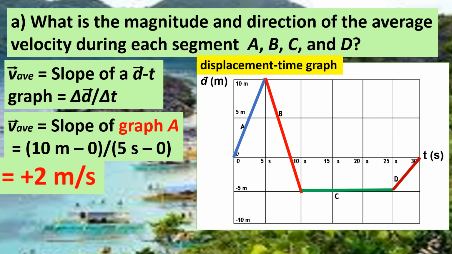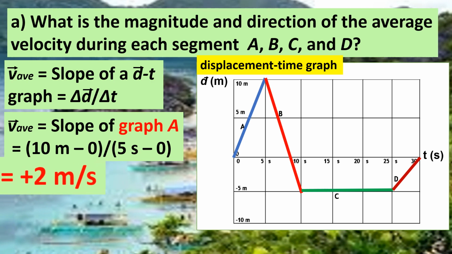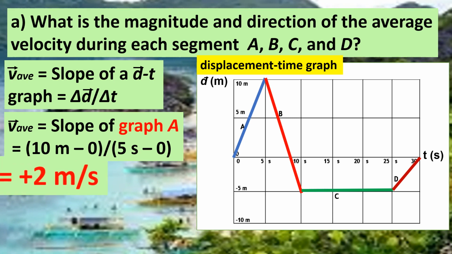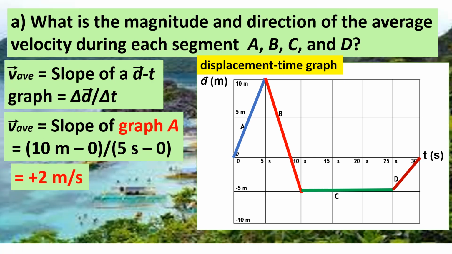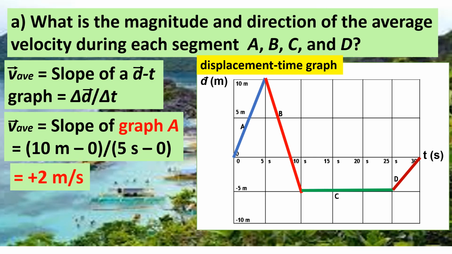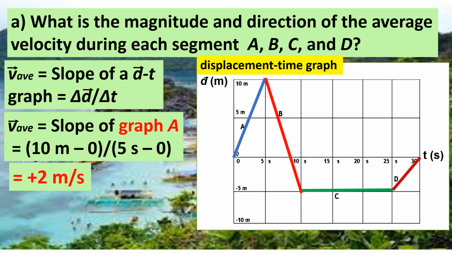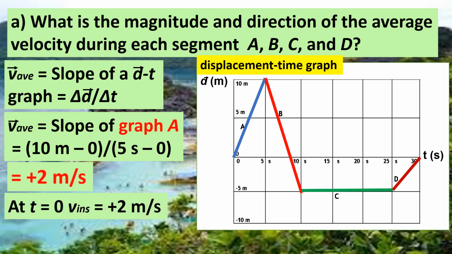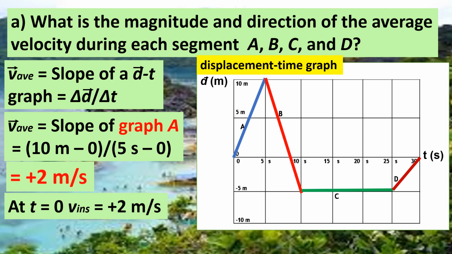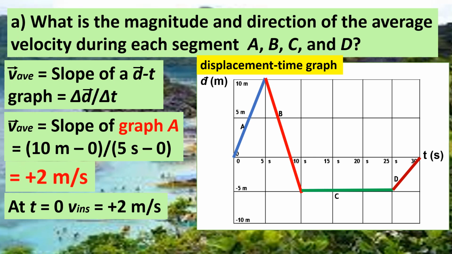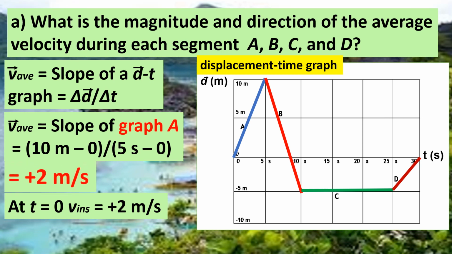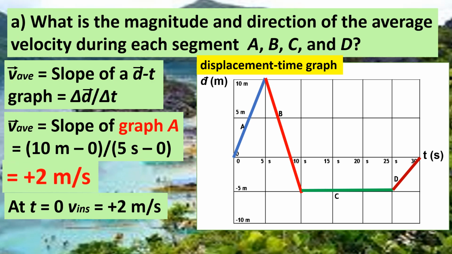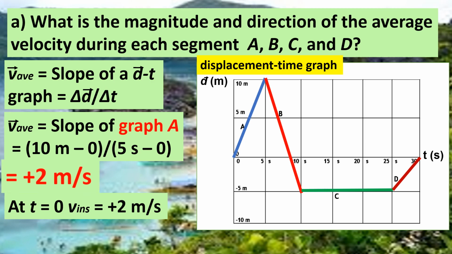And with this as the average velocity for the first 5 seconds, it is also correct to say that at any instant within the graph segment A, including at time equals 0, we can safely say that the instantaneous velocity of the particle at time equals 0 is in fact equal to positive 2 meters per second, just equal to the average velocity within the time interval from 0 to 5 seconds.